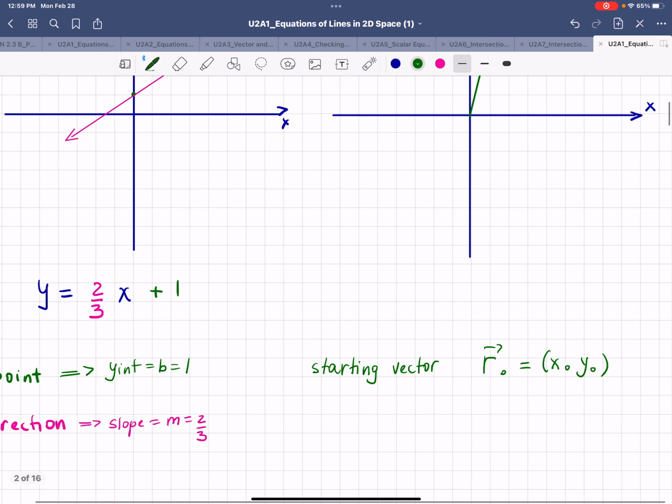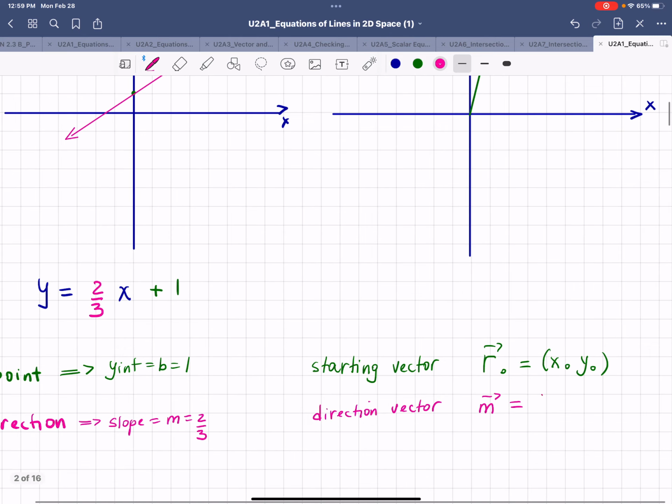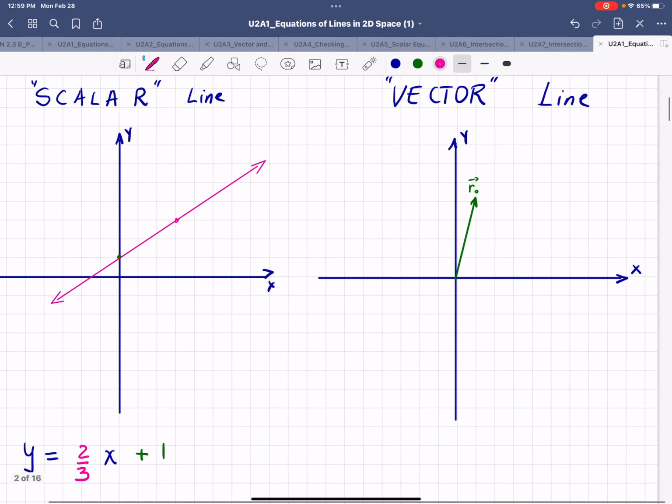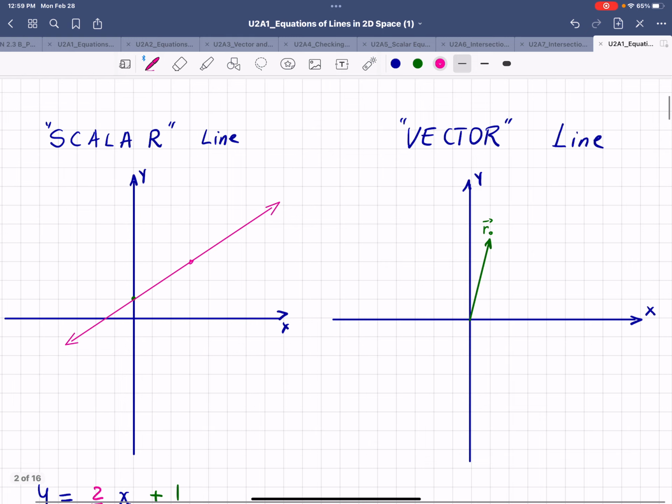For direction, we are going to use what we call the direction vector. And surprise, surprise, the direction vector, for some reason, is indicated by the letter m. So direction vector m has the coordinates a and b. In this case, I'm going to take this as a direction vector right here, direction vector m.